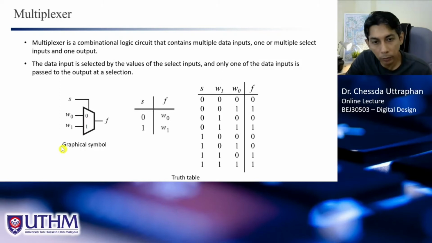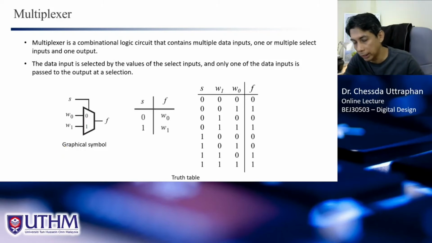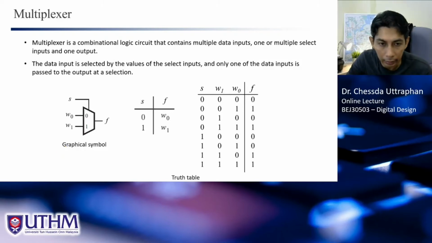So now let's look at the first combinational circuit that we have, the very useful one and very common one, which is the multiplexer. The multiplexer is the circuit used to select an input and send it to the output, only one input to the output at a time, right?